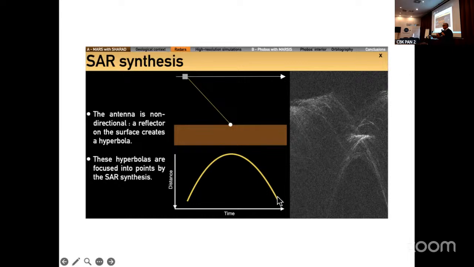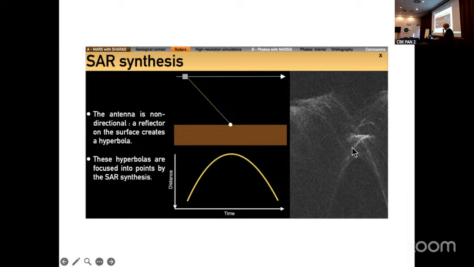This describes a kind of parabola due to the change of the distance. This change of the distance also appears as phase modulation on the received signal. And in SAR processing, we will correct this parabola inside the SAR processing for each point on the surface.